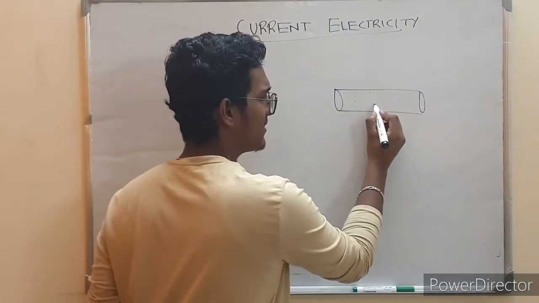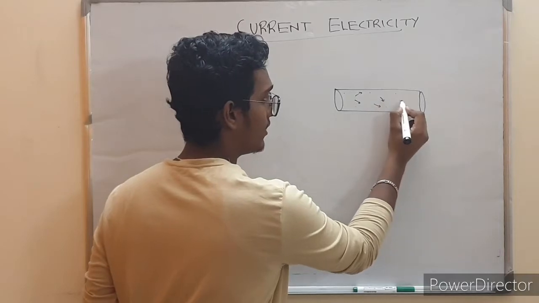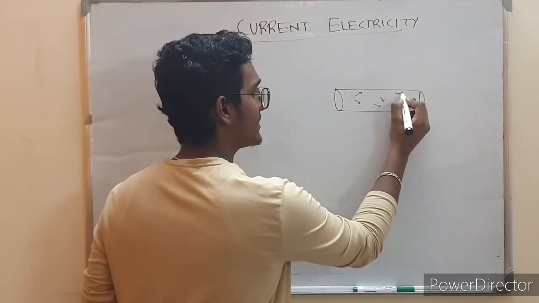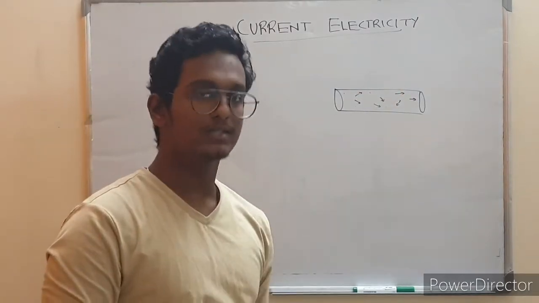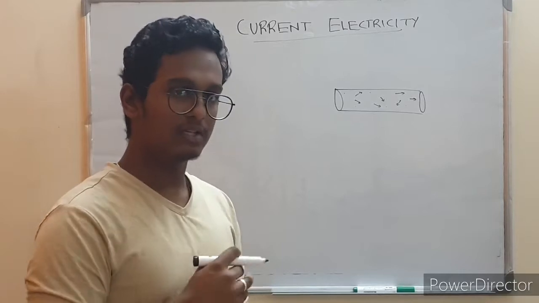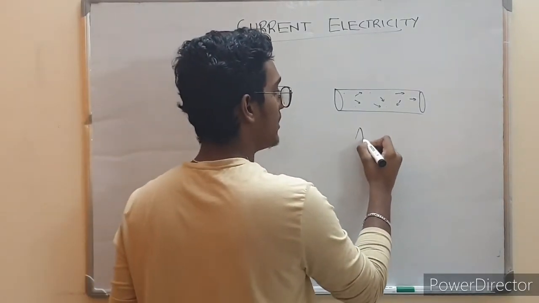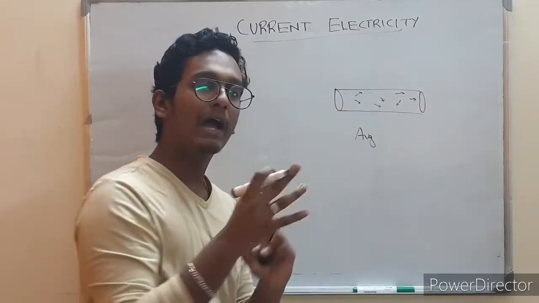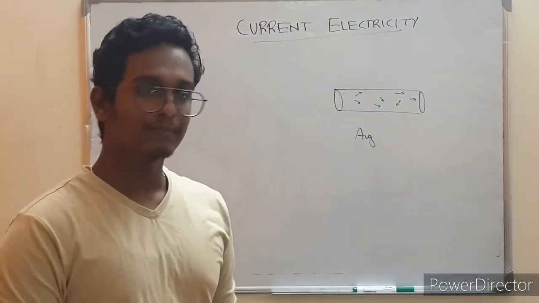That is, one could be in this direction, one in this direction, one over here, one over here. All of these have random motions, random directions of velocity. So when you average them up, when you sum them up after resolving the components, the average velocity of electrons is equal to 0. When you average them out, the electron's velocity is equal to 0 in the normal condition.